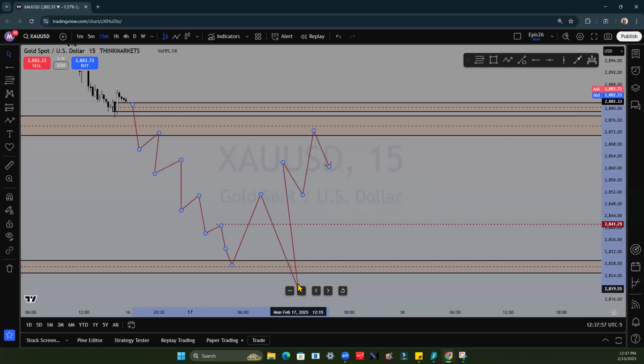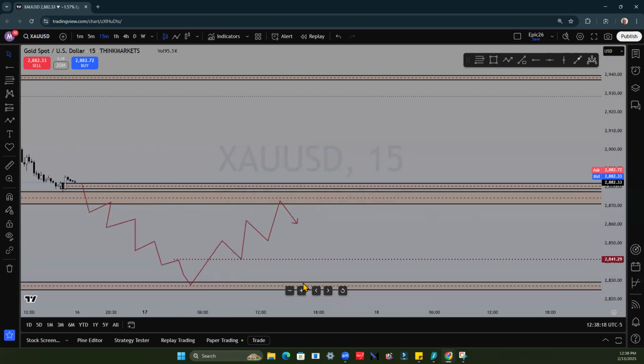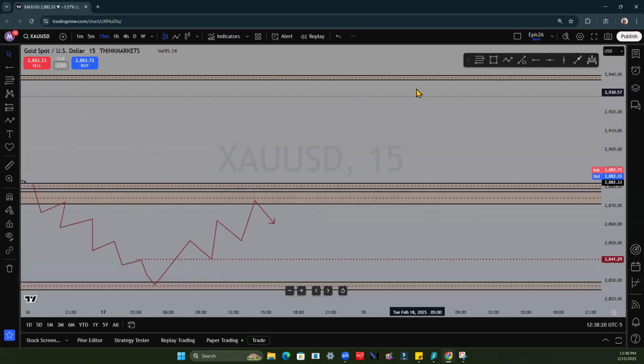Because if it does this, it's going down to fill another gap. But if it does this, and it gives you a bullish engulfing candle, of course, there'll be one over here or one over here. And then you want to take your trade in this area, right? And you want the trade to go back up to the supply zone.